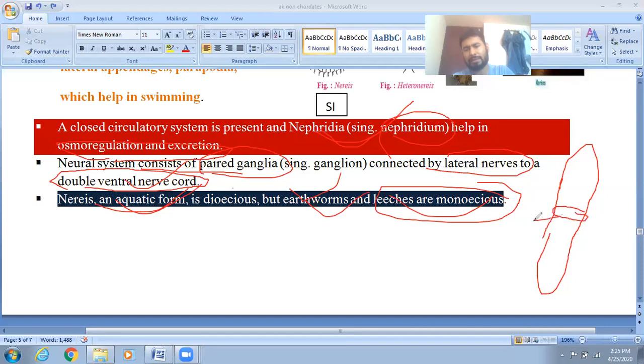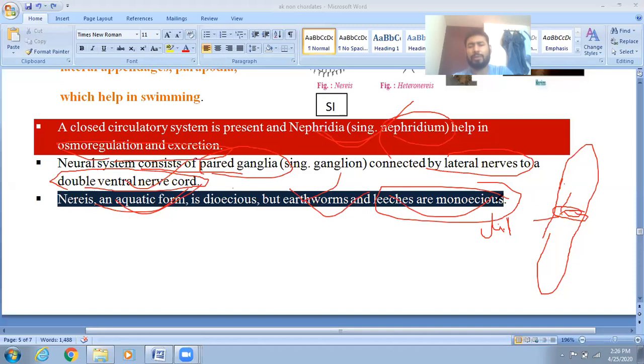One structure is called the clitellum, which is glandular muscle, and the clitellum is involved in the formation of the egg. Above the clitellum is called the preclitellar region, and after the clitellum is called the postclitellar region.